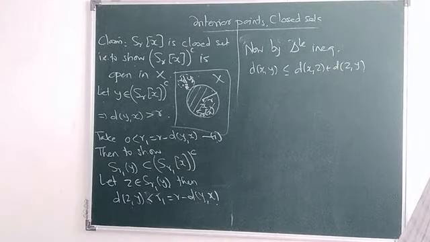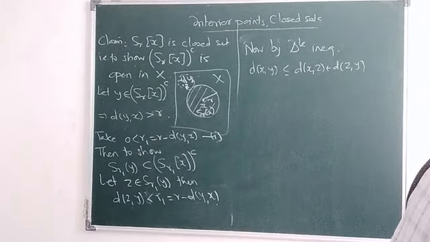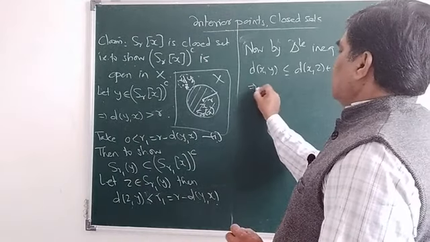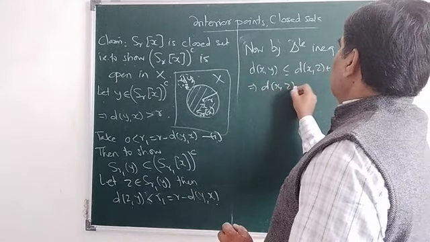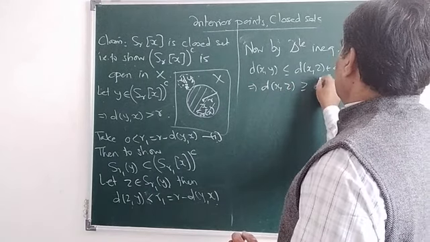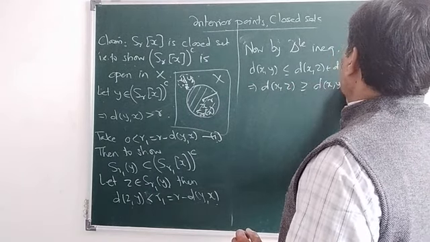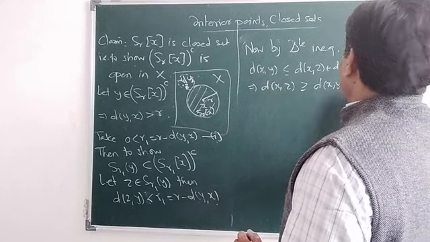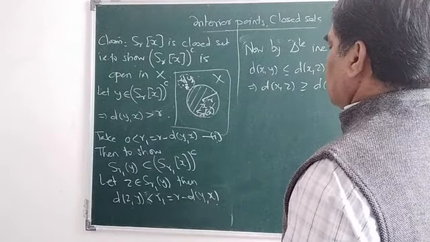Is it clear? This implies d(x, z) is greater than or equal to d(x, y) minus d(z, y). Is it clear?